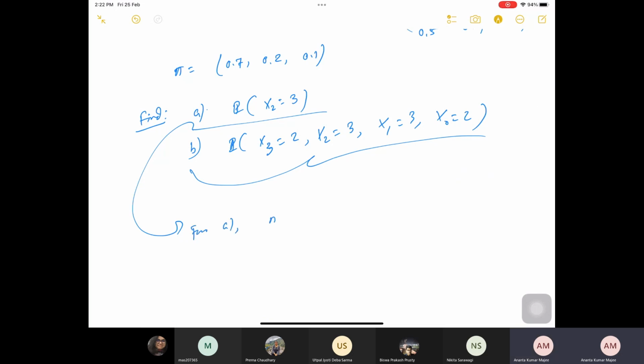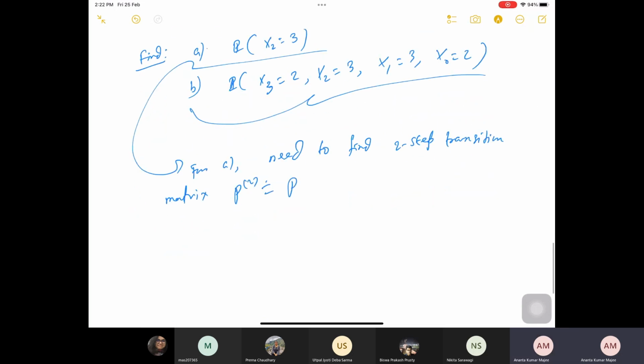So for A, I need to find the two-step transition matrix P2.